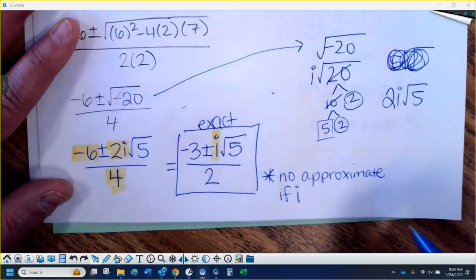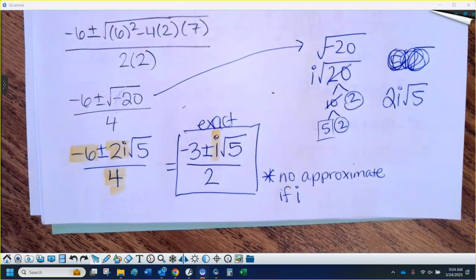So I would just give the exact answer for that. So if it asks you to do that, you would only do that if you don't see an I. If you see an I, you don't approximate that because you can't type that into the calculator. I can type a square root of 10, but I can't type in I radical 5. That doesn't have a situation where you would round that to a decimal.